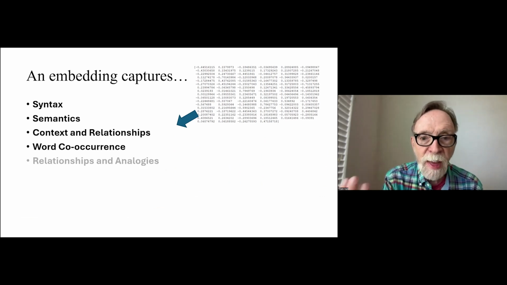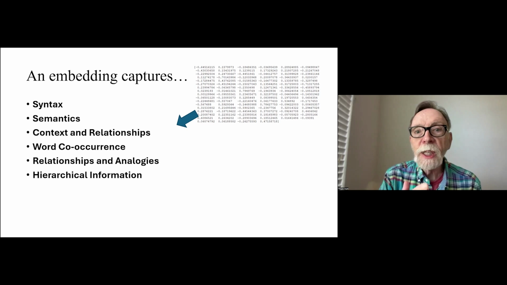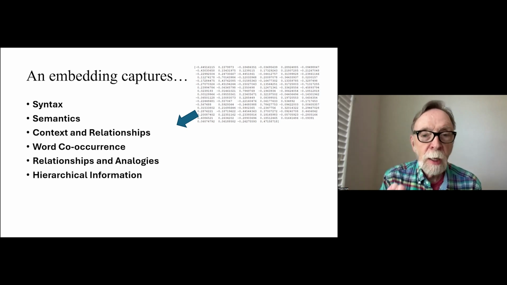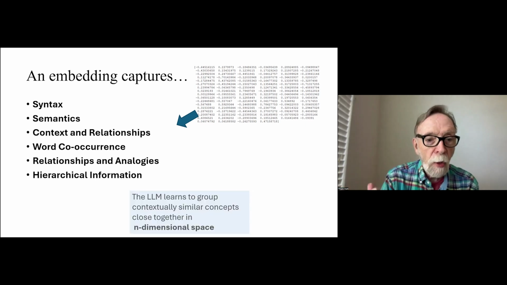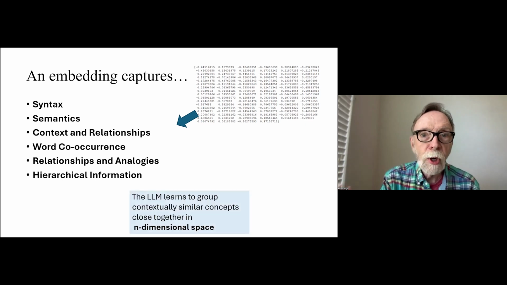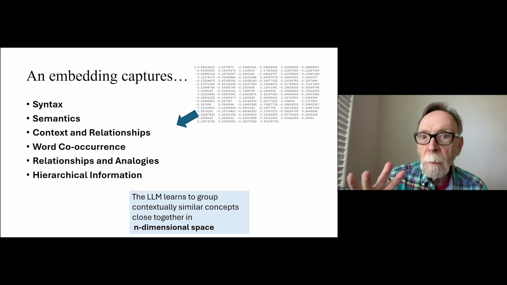It understands relationships and analogies, and if we play with ChatGPT, we can see this as it answers our questions. It also understands hierarchical information. So all this information is brought together in this numeric model.